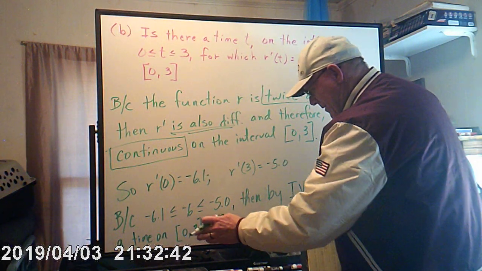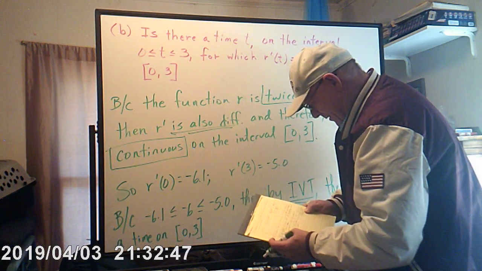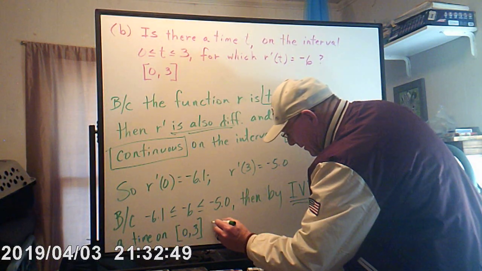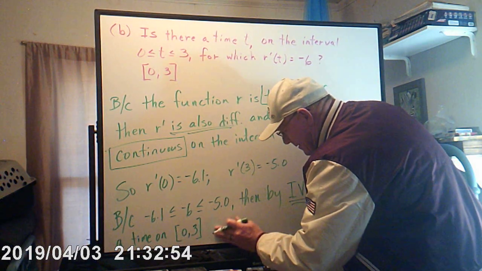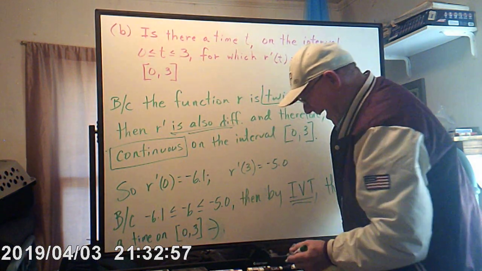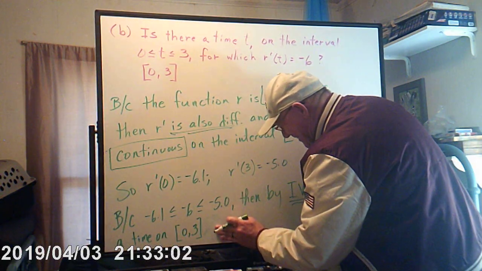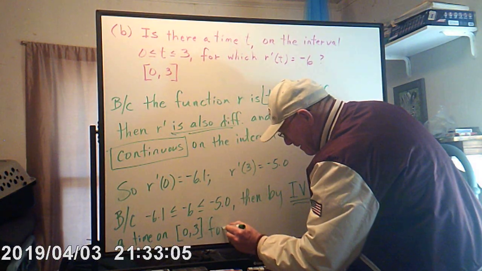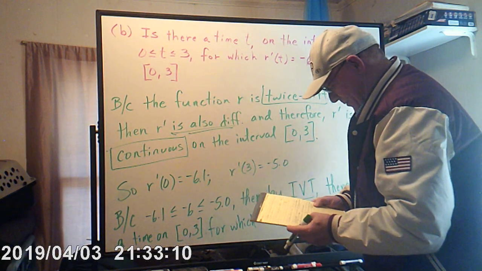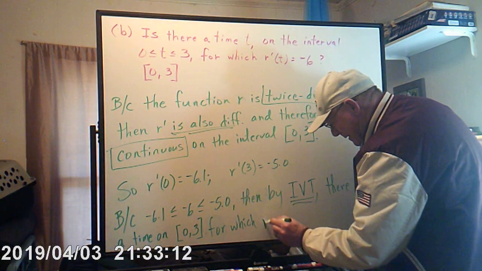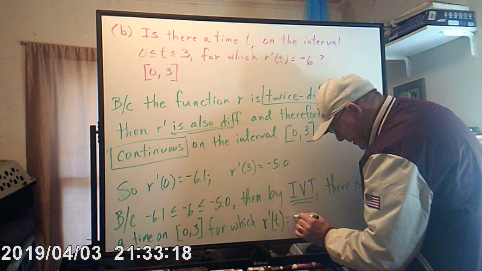There is a time on this interval such that, or for which, let's just say for which, R prime at t is equal to negative 6.